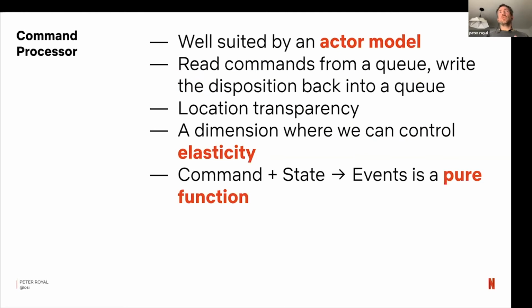This is well suited to an actor model because we want to serialize updates to our state. We can read commands from a queue, and we can write the disposition of the command back to the queue. This gives us some location transparency as far as where this bit of code actually runs, which can help if we want to think about either elasticity or resiliency.